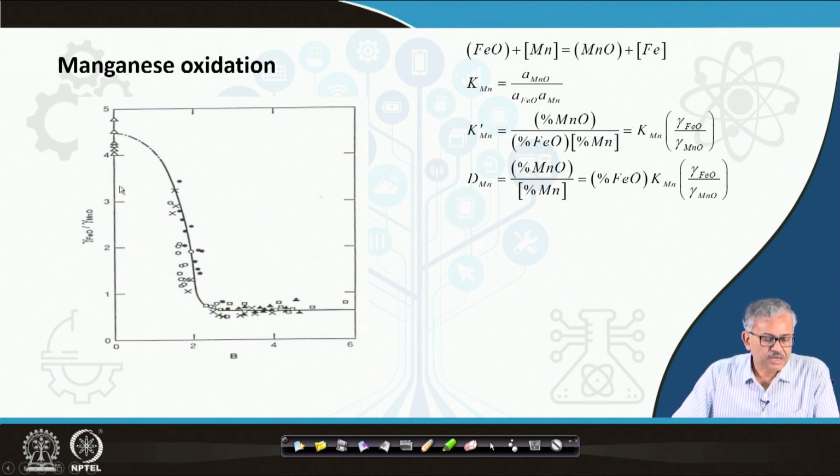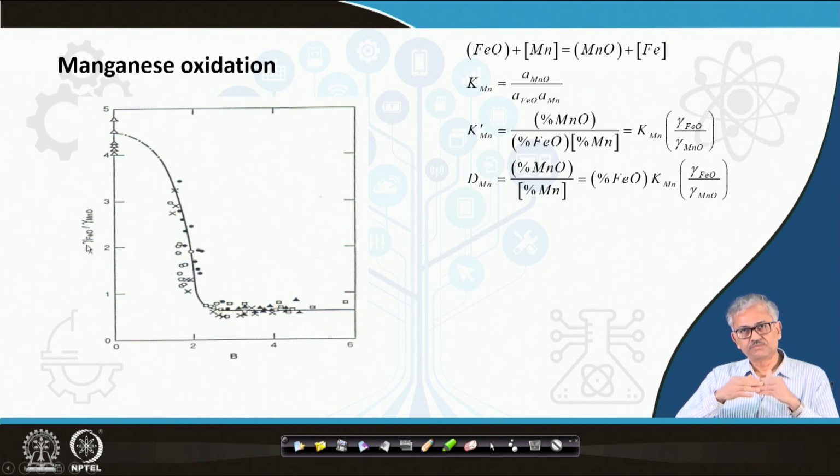But here you can find the ratio, that is gamma FeO by gamma MnO, basically decreases and then it becomes constant at a particular value, beyond that it does not change. So, it decreases because MnO becomes higher than that of the FeO. So, response of MnO with the basic oxide is more, that is the gamma MnO increases more compared to the increase in gamma FeO, that is the basic nature of MnO is more than that of the FeO, that it shows.